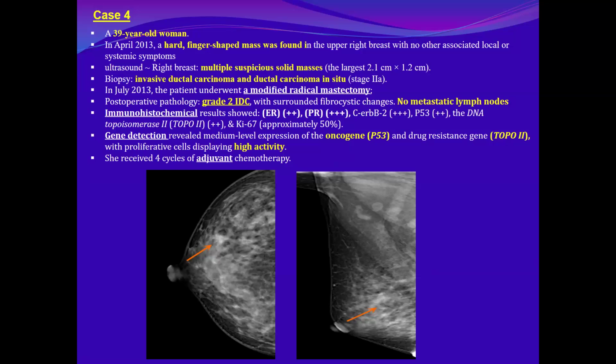Biopsy revealed grade 2 invasive ductal carcinoma and DCIS, treated with modified radical mastectomy, which proved to be grade 2 invasive ductal carcinoma, ER positive, and with other factors and genetic detections, oncogene P53 and drug-resistant gene TOPO2, and so forth. And she received adjuvant chemotherapy.